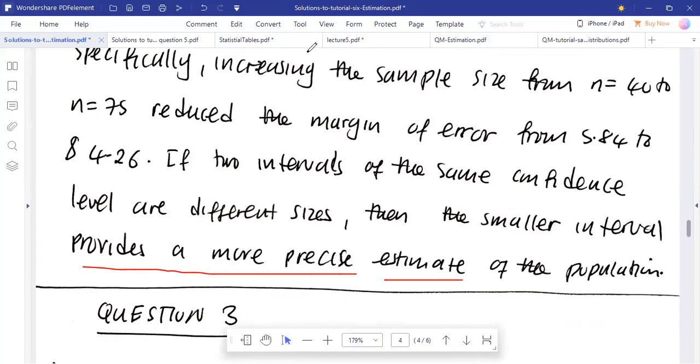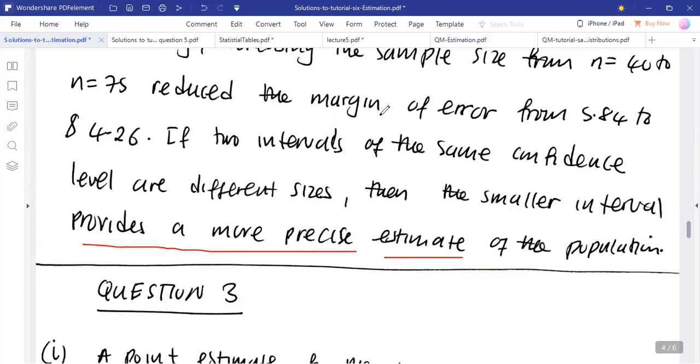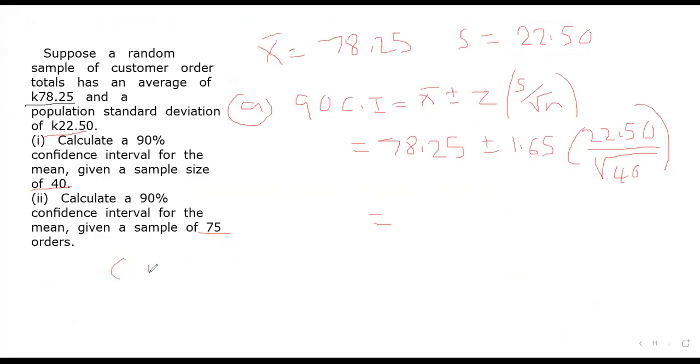So if you're giving an inference about which one is more precise, we have 10 to 13, this is your range, and we have 9 to 20. Which one of the two has a more precise confidence interval, A or B?